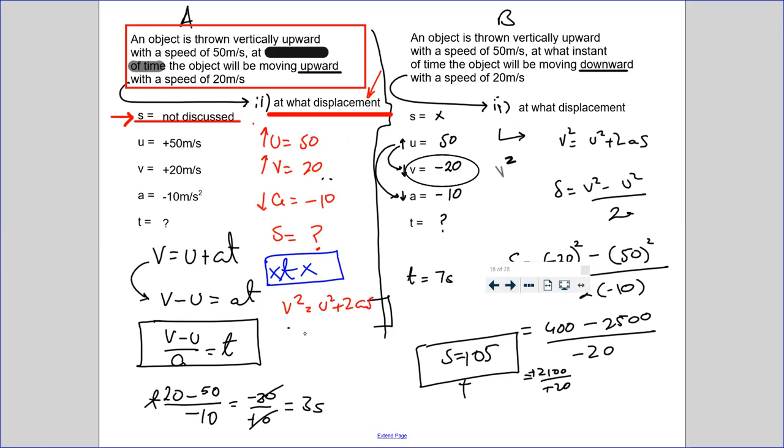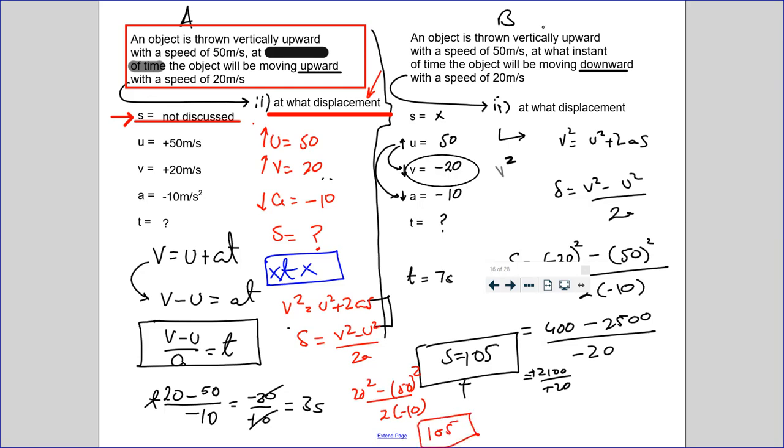We put the data or rearrange it for s. So s will be equal to v square minus u square over 2a. When we put the values, we get 20 square minus 50 square over 2 times minus 10. If we solve this, we get 105.